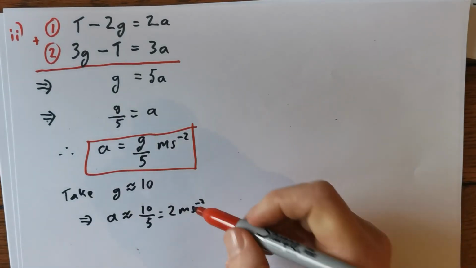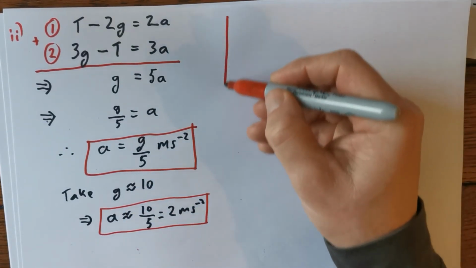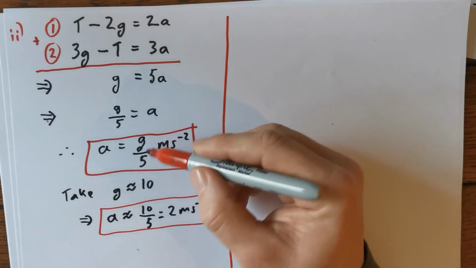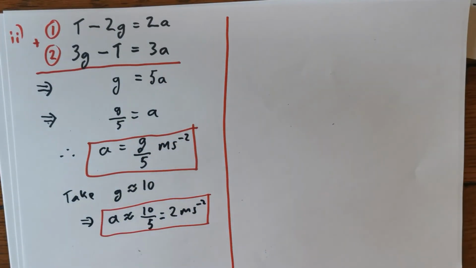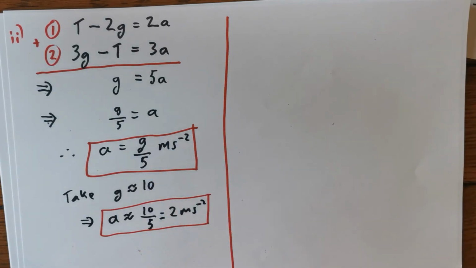So at ordinary level, that's what we would say the acceleration is. At higher level, leave it as g over 5 or plug in 9.8, which will give you, I think, 1.96 or something like that.